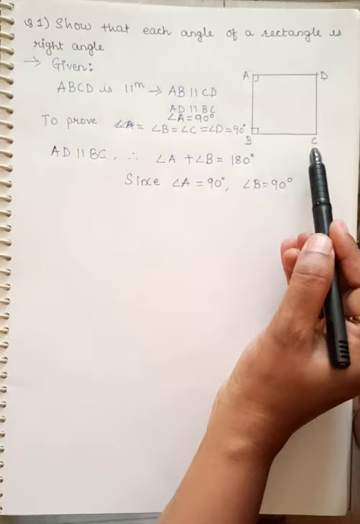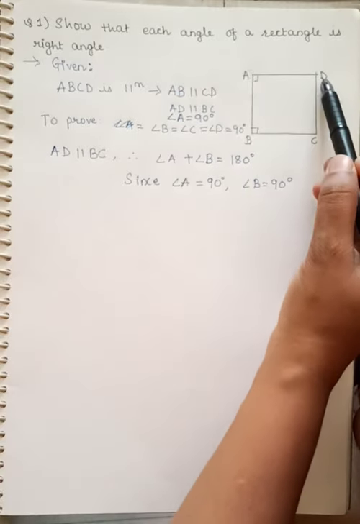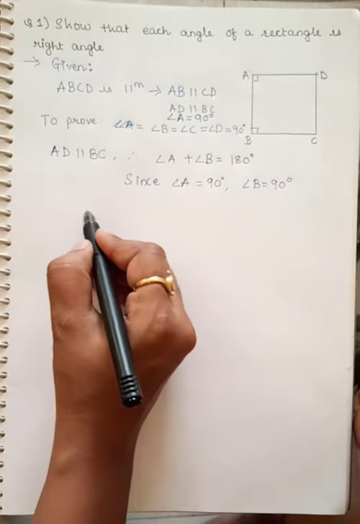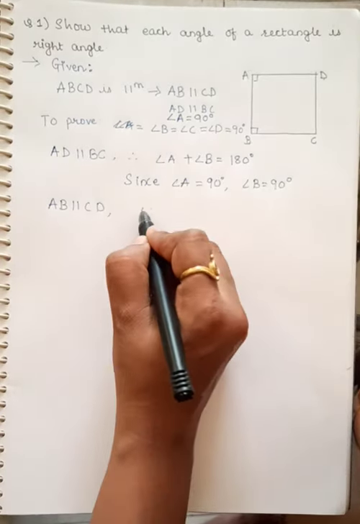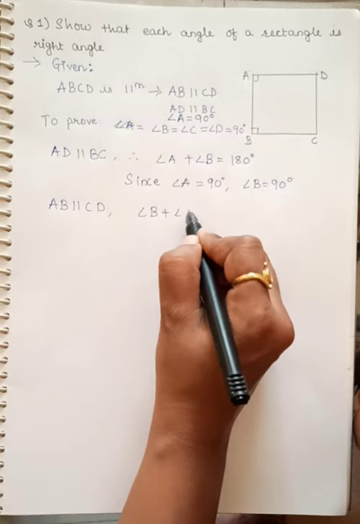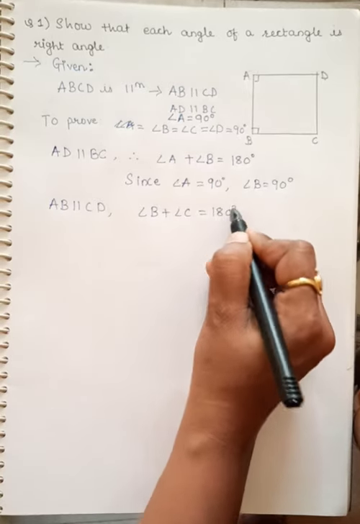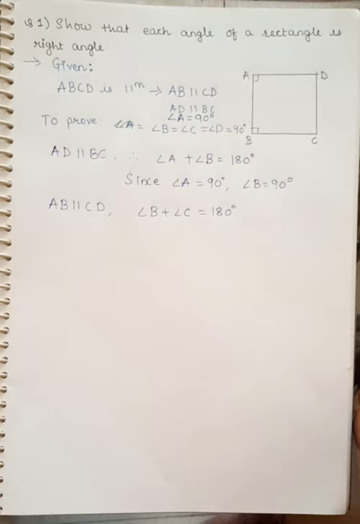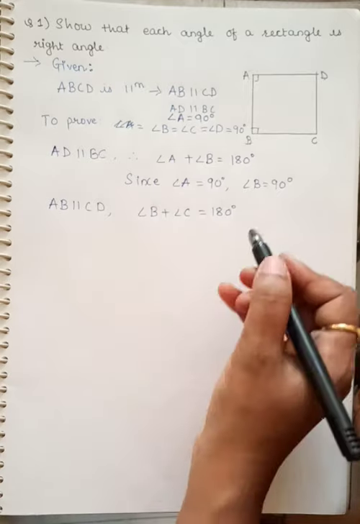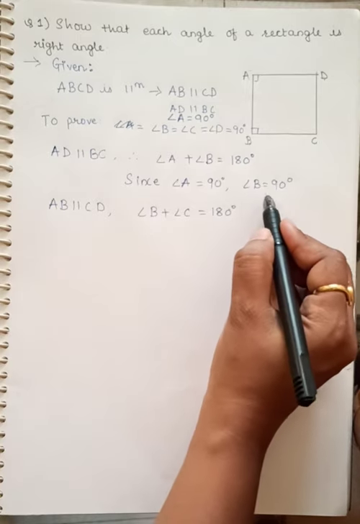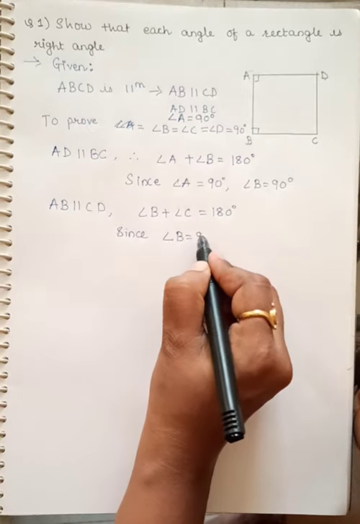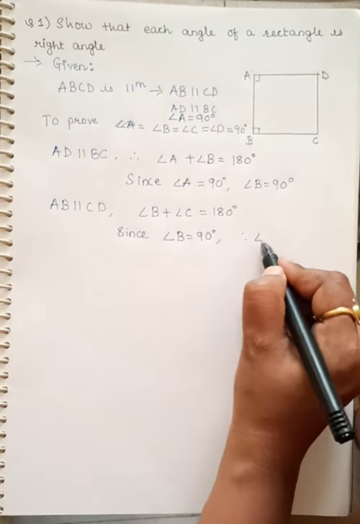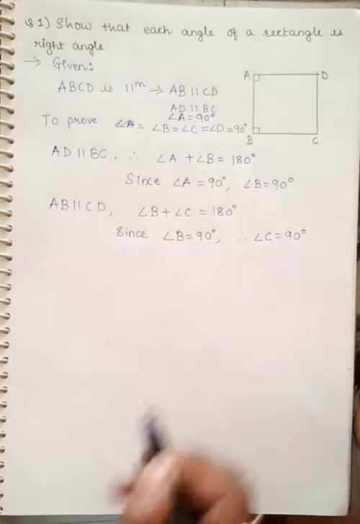Similarly, taking addition of B and C, because again AB is parallel to CD, taking BC as the transversal. So AB parallel to CD, BC as a transversal. So angle B plus angle C is equal to 180 degree. Okay, and as angle B is 90 degree, therefore angle C is also 90 degree.